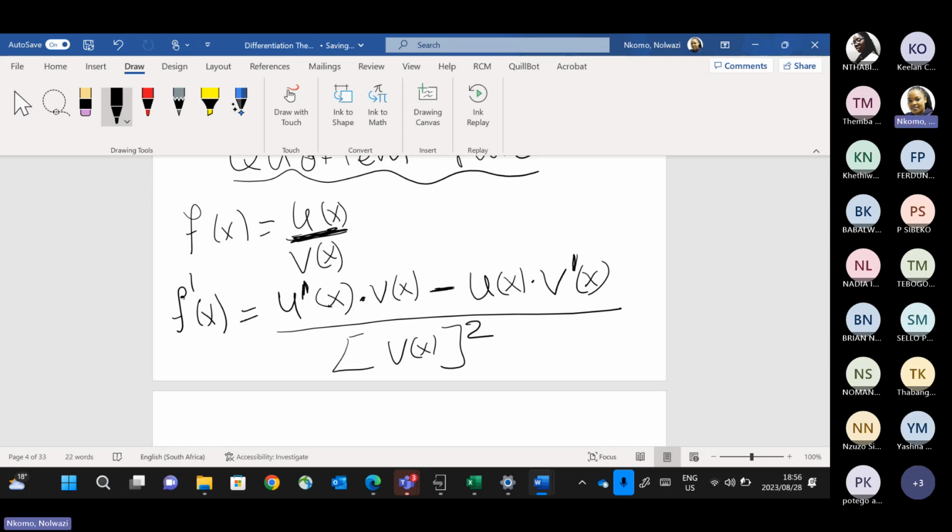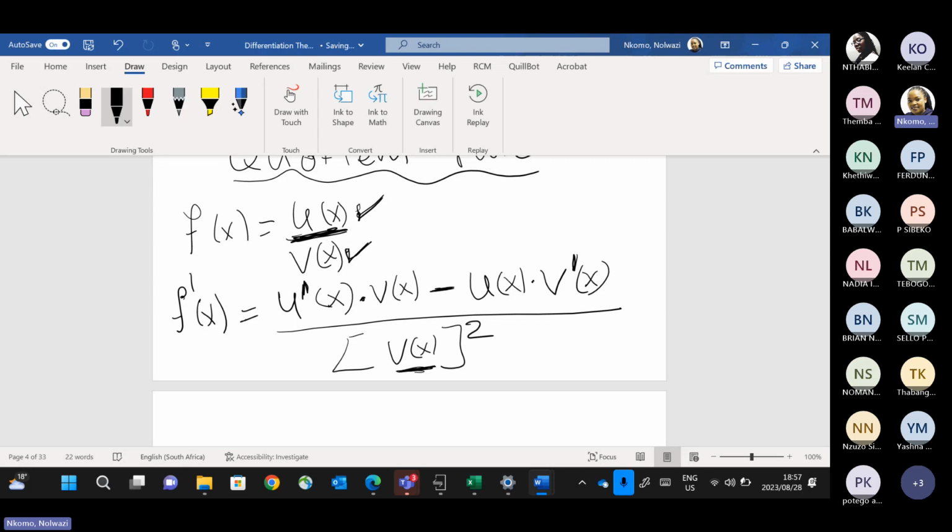You always have to differentiate the numerator, then multiply with the denominator, and then subtract: you differentiate the denominator, and multiply with the numerator. Then everything over the denominator squared. Okay, here this part is not a derivative. We don't differentiate this part. You just have to square it.